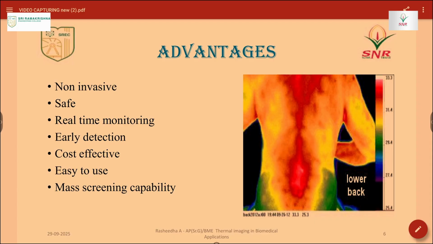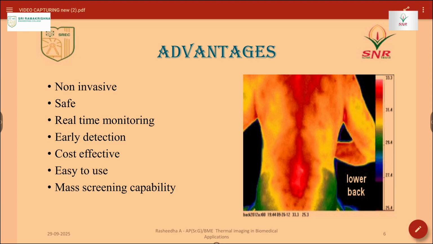Due to the temperature variation, you are seeing the color coded images here, and from that you can detect inflammation, tumors or any kind of skin lesions. And it is a cost effective method. Nowadays all the high resolution infrared cameras are cost effective. It is easy to use because it does not need any complex procedure.